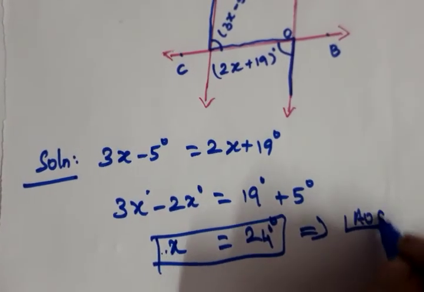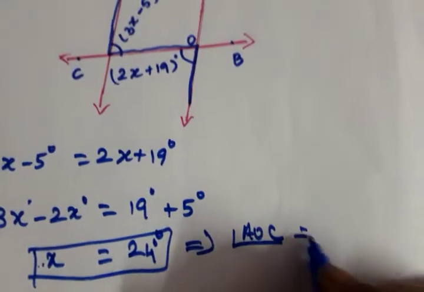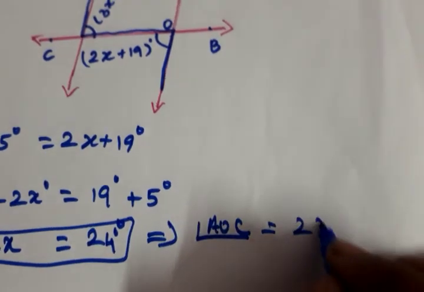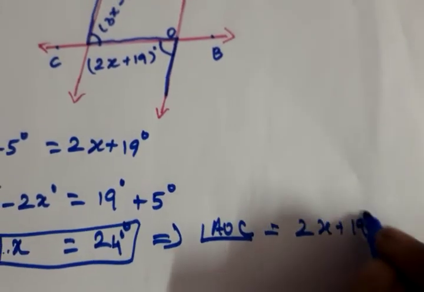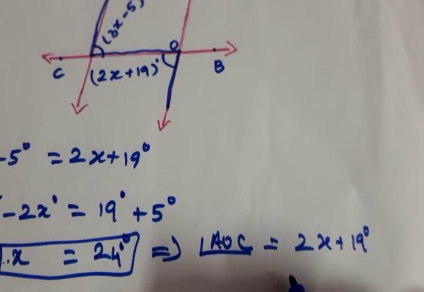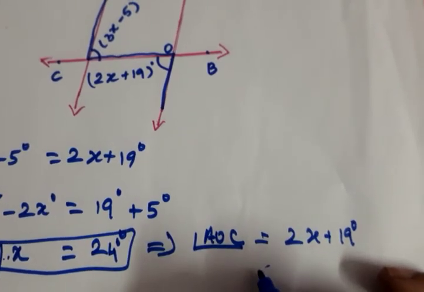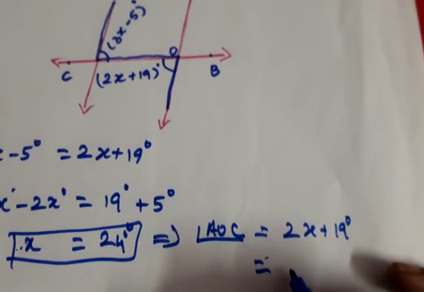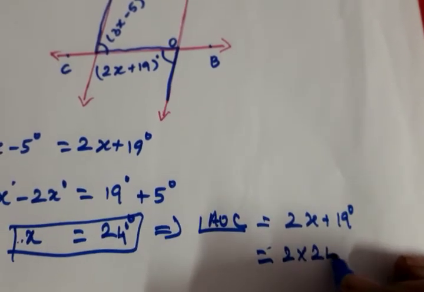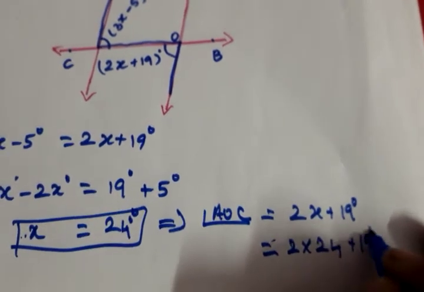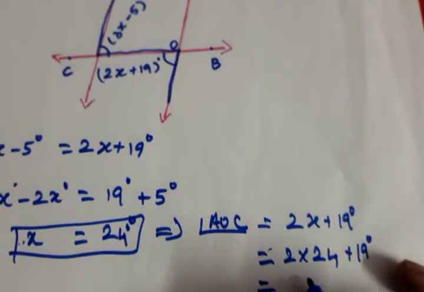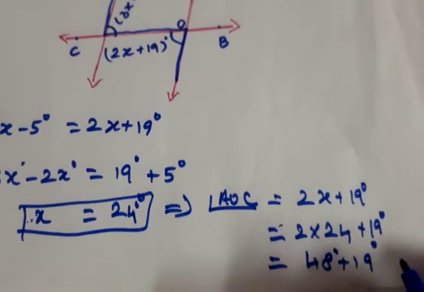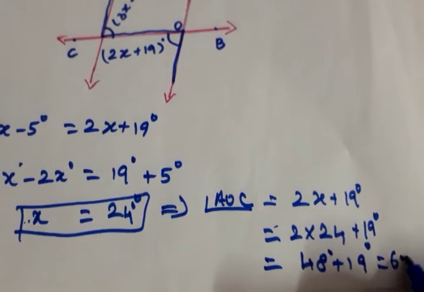Then angle AOC equals 2x plus 19 degrees, which is 2 into 24 plus 19. 2 24s are 48, so 48 degrees plus 19 degrees is 67 degrees.